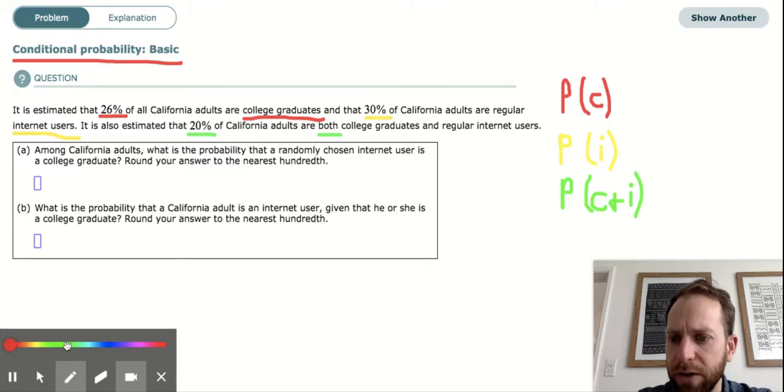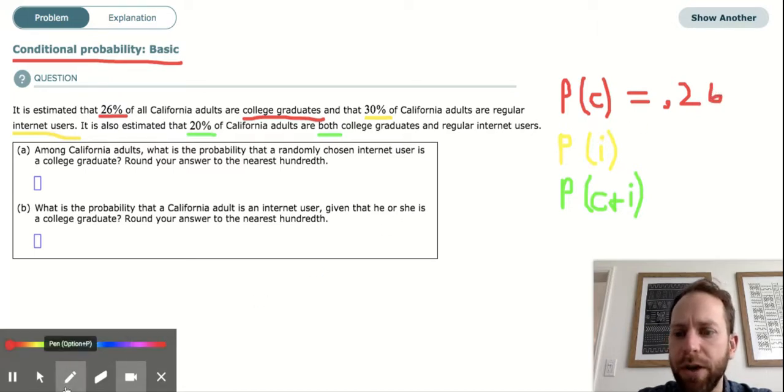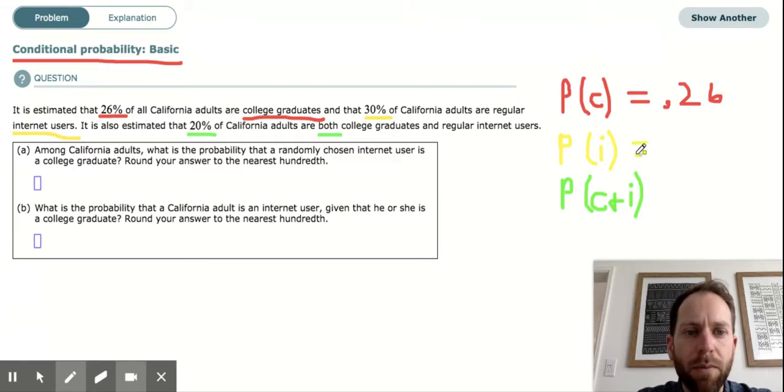Go ahead and try and write what they're equal to before I do. So what's the probability of someone being a college graduate? 26%, or 0.26. What's the probability of someone being an internet user? 30%, or 0.3 or 0.30.